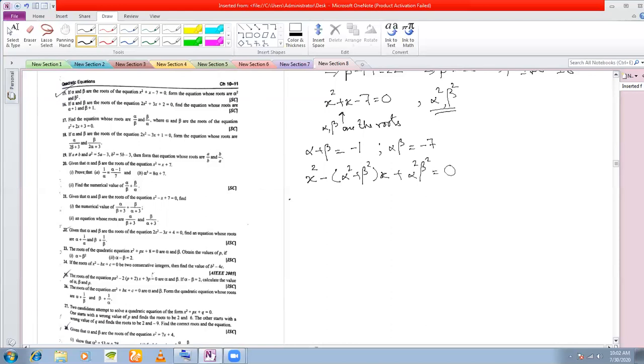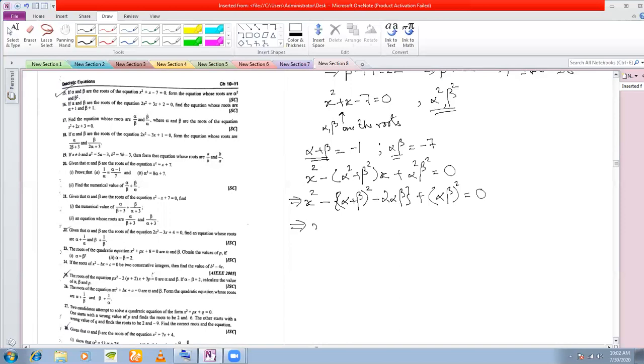If I want to write alpha square plus beta square in terms of alpha plus beta and alpha beta, I will write this as (alpha plus beta) whole square minus 2 alpha beta, and alpha square beta square can be written as (alpha beta) whole square, equal to 0.